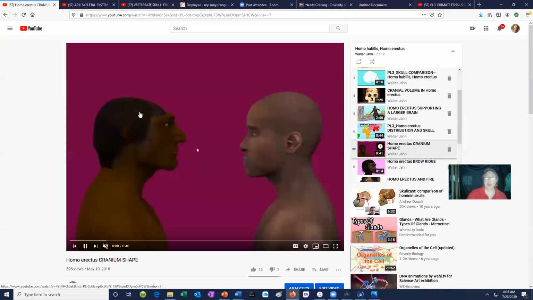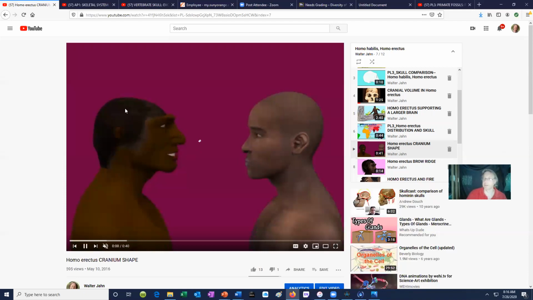What makes our species distinctive? Well, once again, if you were to look at these skulls, most species of Homo had skulls which were lower and longer. So Homo erectus, Homo neanderthalis, Homo rhodesiensis, which we could call Homo heidelbergensis. There was a more prominent brow ridge, and there wasn't as much of a forehead.